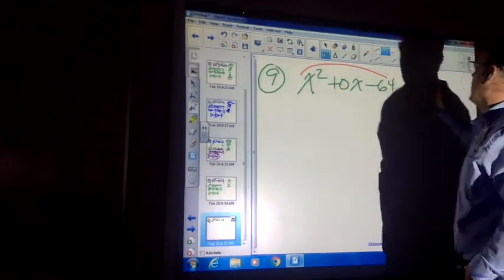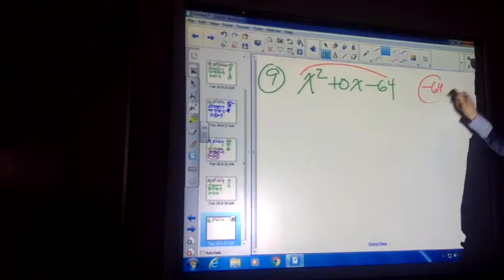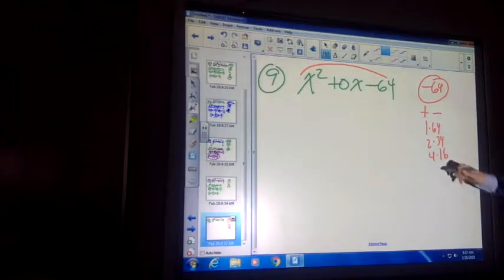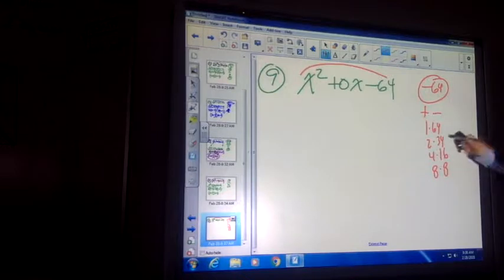My magic number is negative 64. So I have 1 times 64, and 2 and 32. There's kind of a lot here. 4 and 16, and 8 and 8.